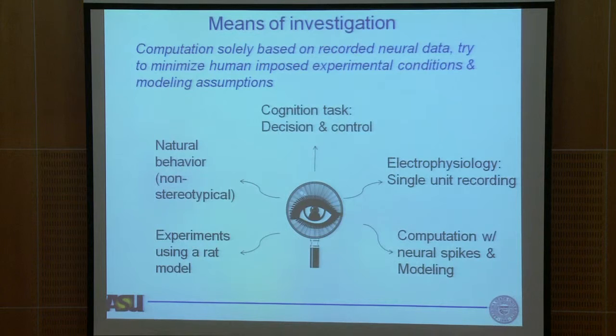So in my laboratory, what I do is I use a rat model, as I mentioned just now, and I use natural behavior. Natural behavior meaning the rats are unrestricted, they do what they want. Of course, they're inside a box, they can't run everywhere, but they're freely moving.